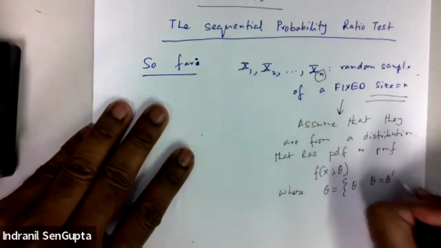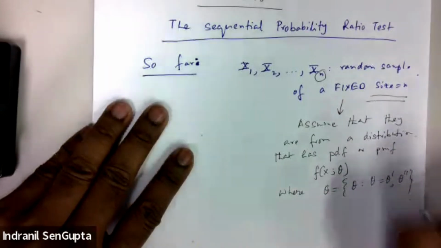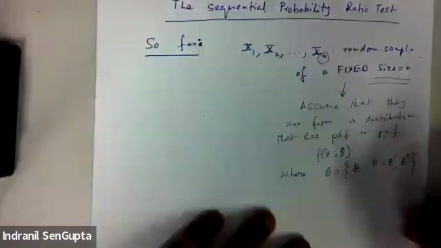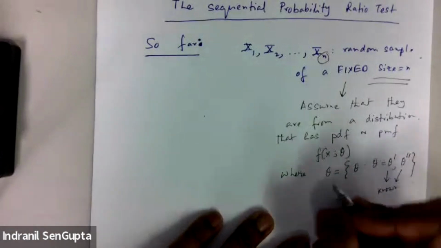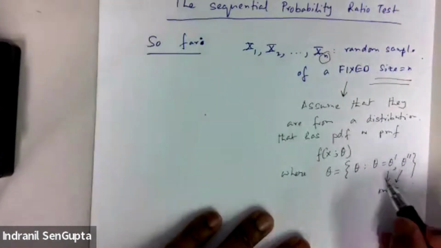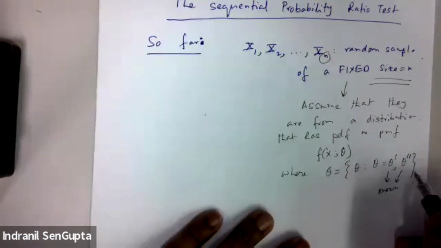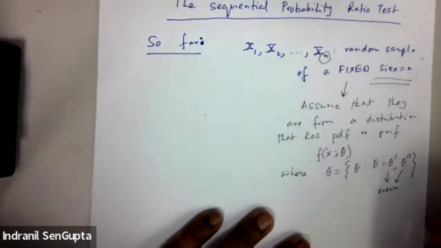Theta equals theta prime or maybe theta double prime. So these two are known numbers. What we don't know is which one is theta. It can be theta prime or it can be theta double prime.